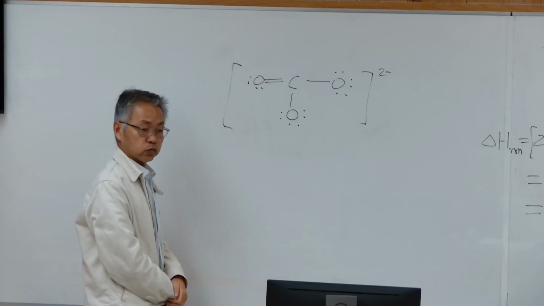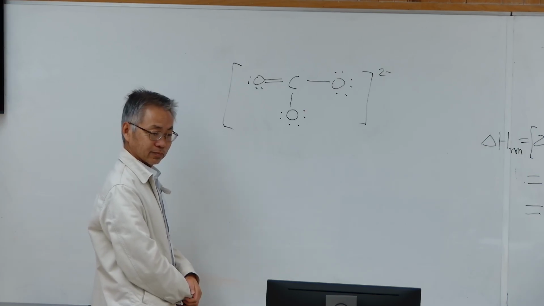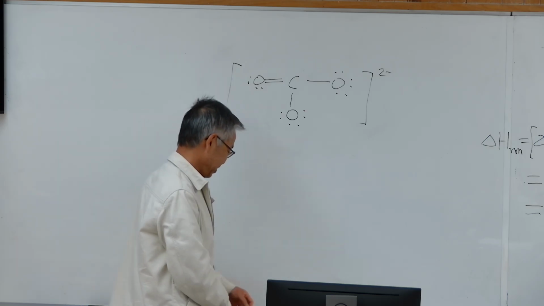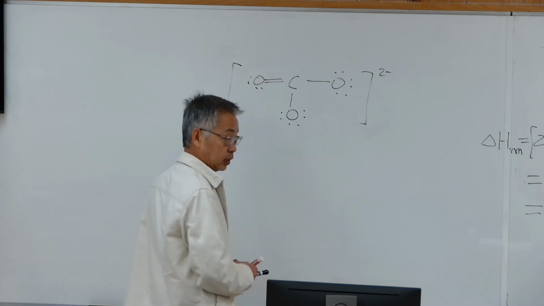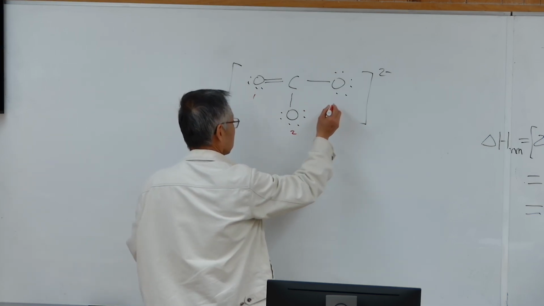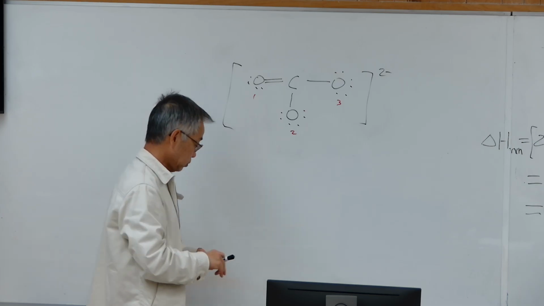Can you calculate the formal charge for carbon and the 3 oxygens? We have 3 oxygens, so you need to label them. Carbon is only 1, so you don't need a label. The oxygens may not be the same, right?